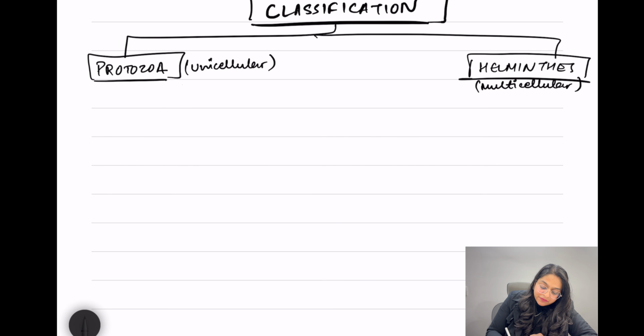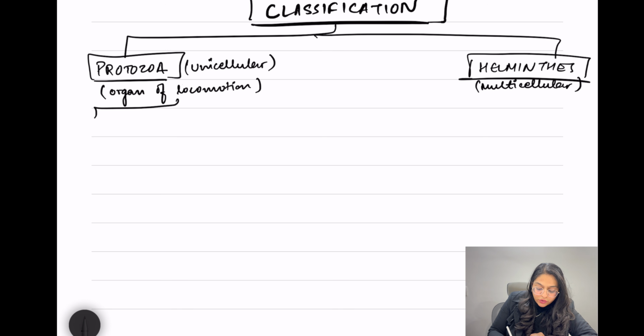These are further divided depending on the organ of locomotion that they use. It can be pseudopodia, so it will be amoebae. Now, these amoebae can be pathogenic.